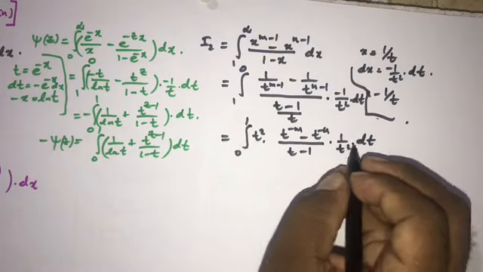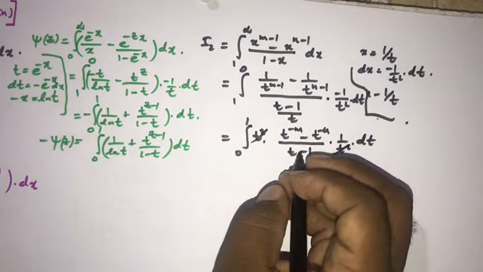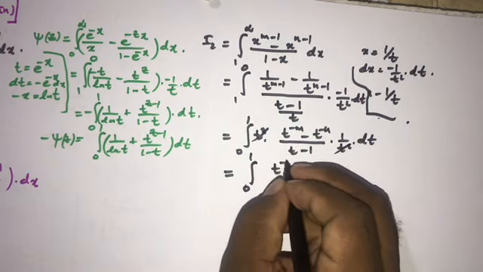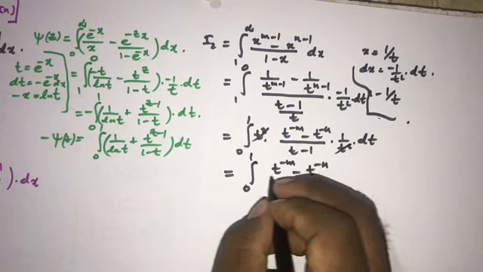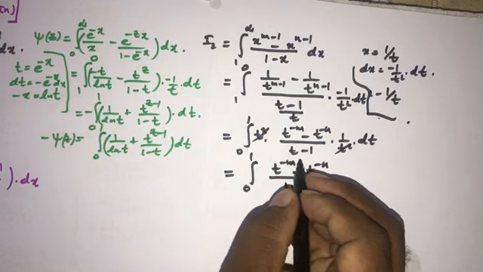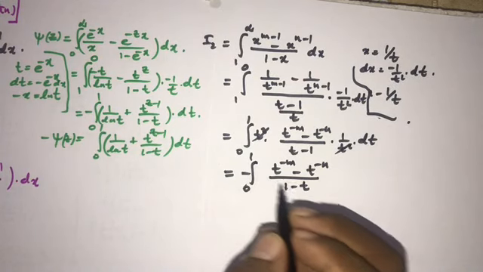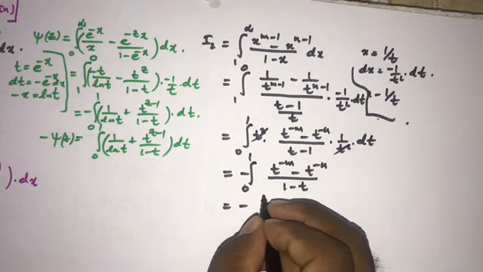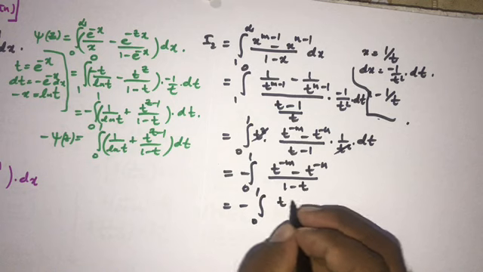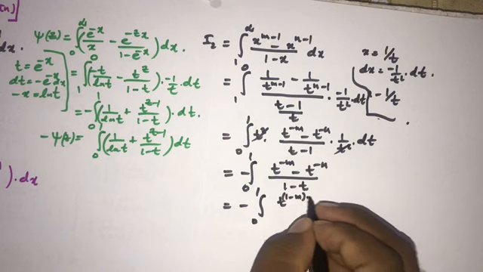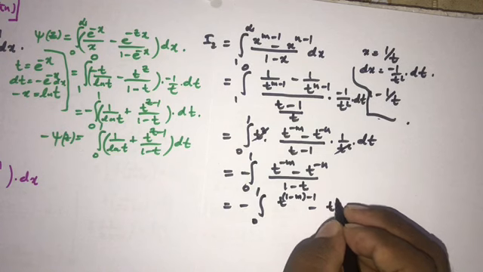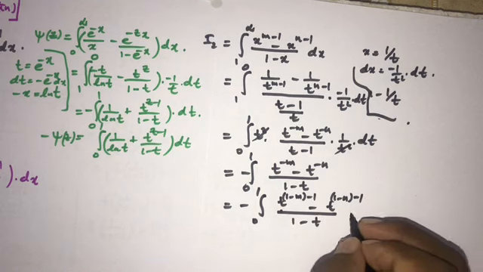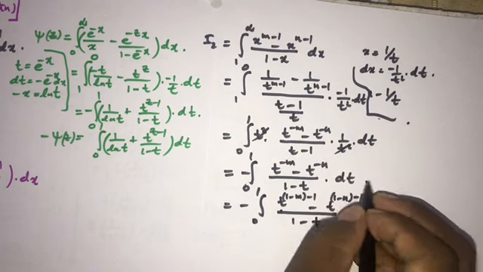Okay, then this t square gets cancelled, and now we have the integral from 0 to 1 of t to the minus m minus t to the minus n over 1 minus t, and we can take minus as a factor. Now this is equal to minus the integral from 0 to 1 of t to the 1 minus m minus 1 minus t to the 1 minus n minus 1 over 1 minus t dt.